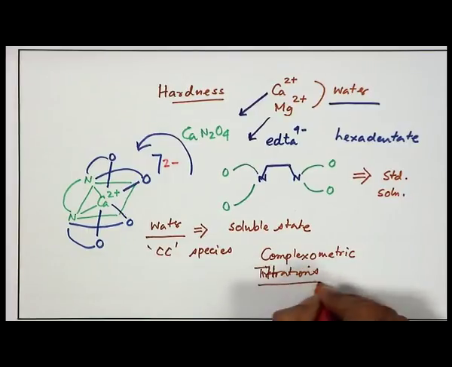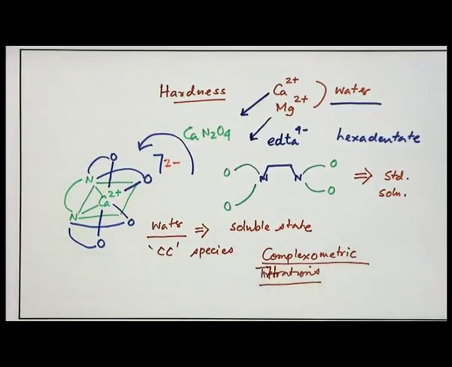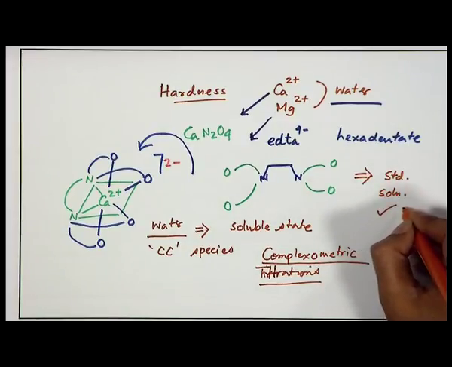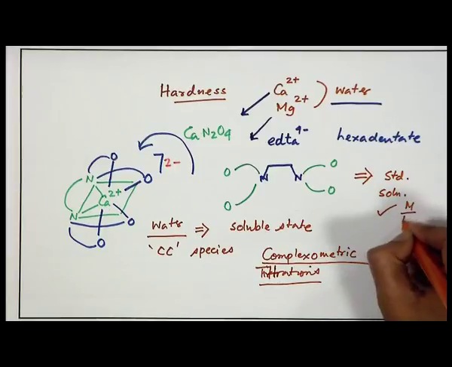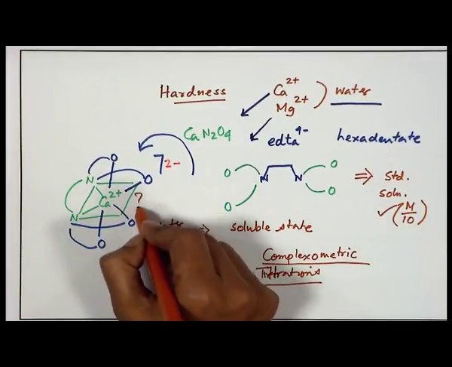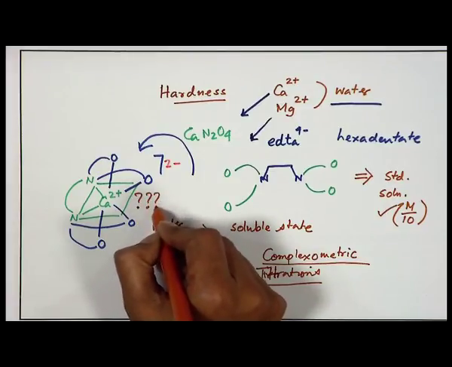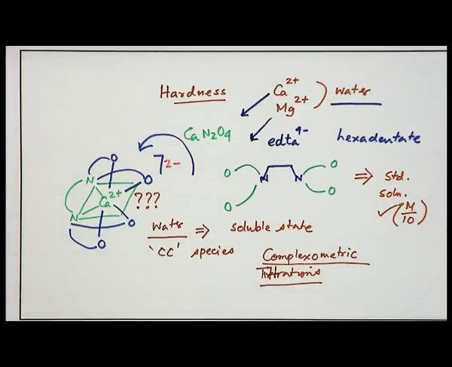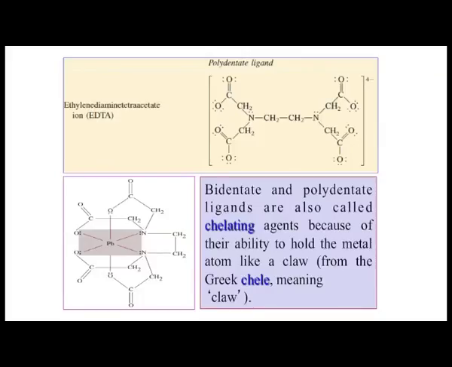So, like redox titrations, we can have complexometric titrations, where if we know the standard solution, that is, the known strength of this solution, say M/10, then we can find out the unknown concentration of calcium which is present in the water sample. So, that gives a very good example for this.